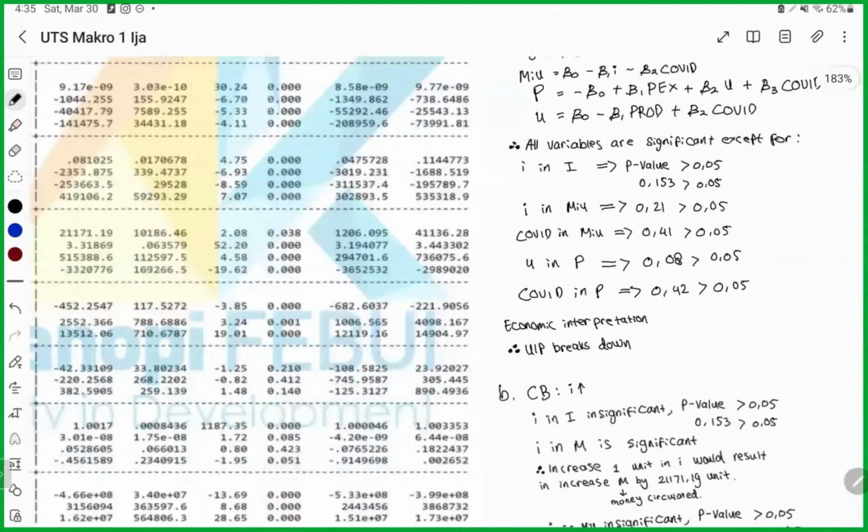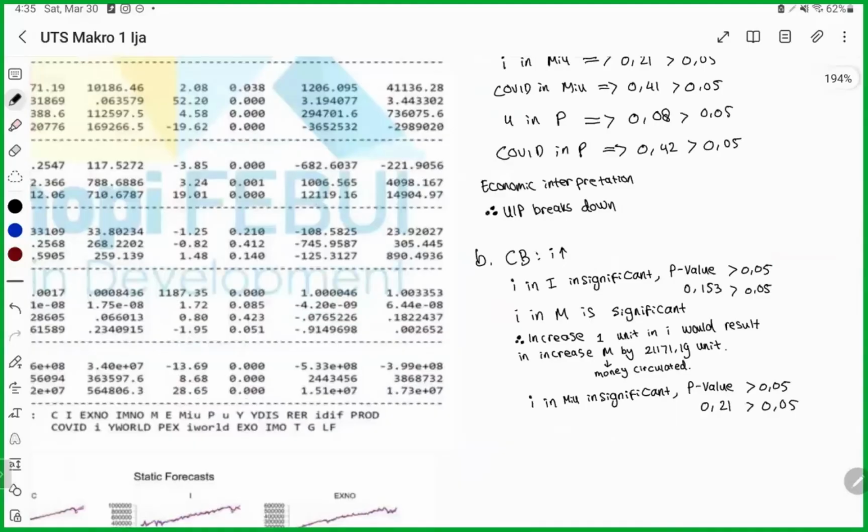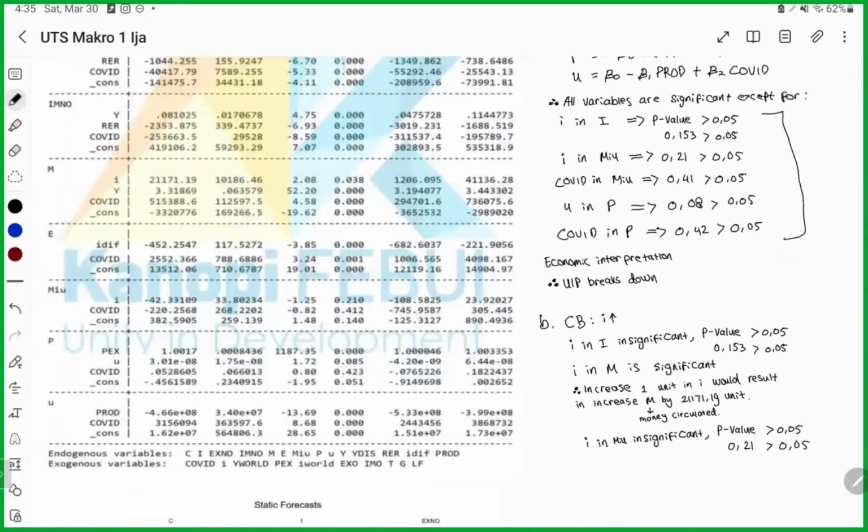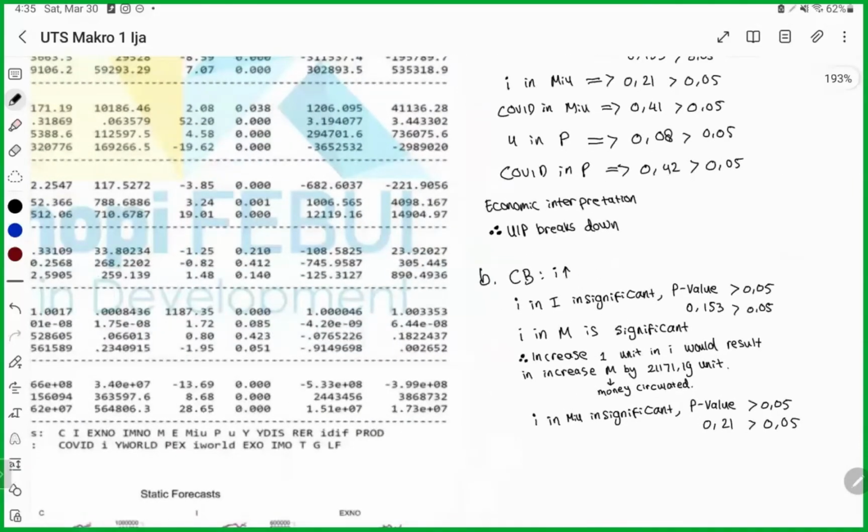All right. This is relatively easy because, as you can see before in here, a lot of the interest rates are insignificant throughout the models. For example, interest rate in investment is insignificant, meaning that you shouldn't consider interest rate in your mathematical equations. Interest rate in MIU is also insignificant.